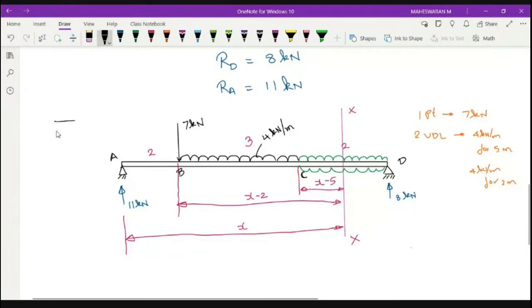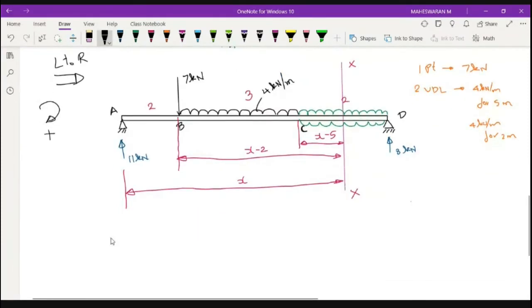So how to take my bending moment? I'm going to take from left to right. When I take left to right, clockwise rotation I have to consider as positive. Rotation in clockwise is positive. Let me consider the moment at x. Let me equate it. I am going to consider the entire thing up to this. So first let me start with 11.